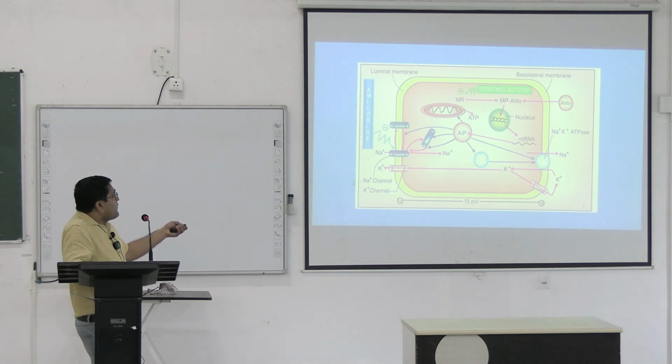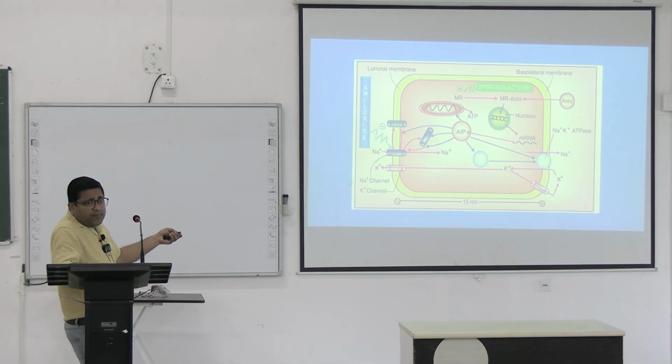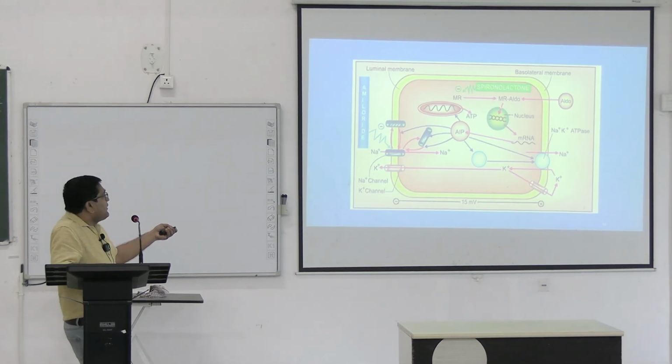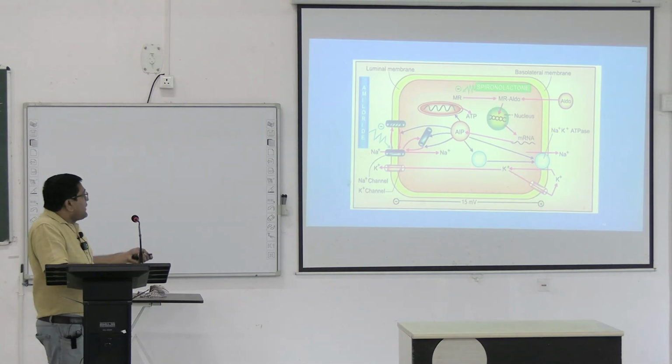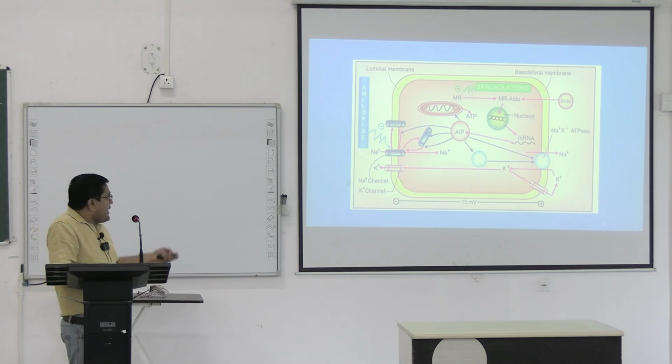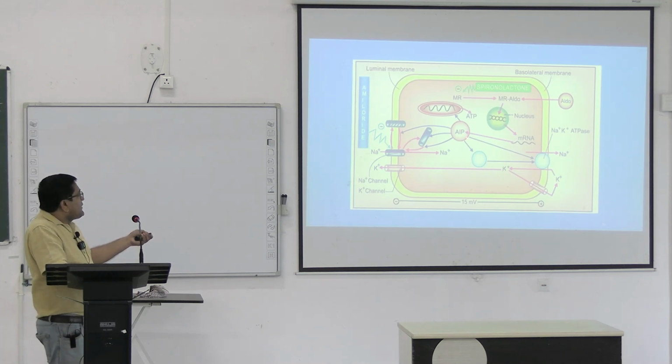Aldosterone binds to the mineralocorticoid receptor and leads to the formation of hormone-responsive mRNA, that leads to the formation of aldosterone-induced proteins, AIP, and that is causing the subsequent effect.